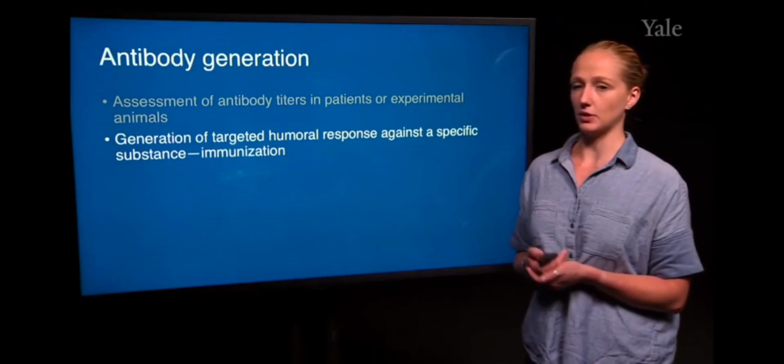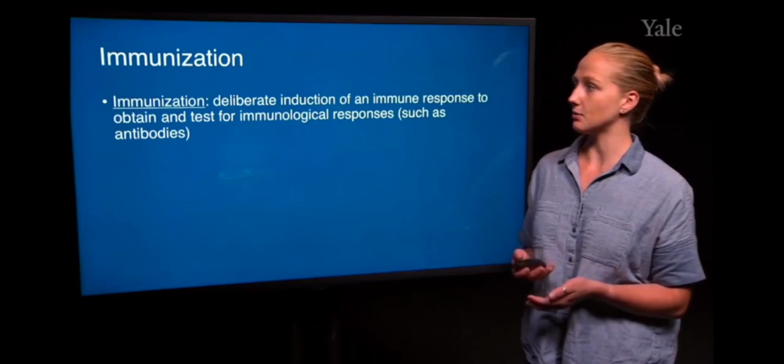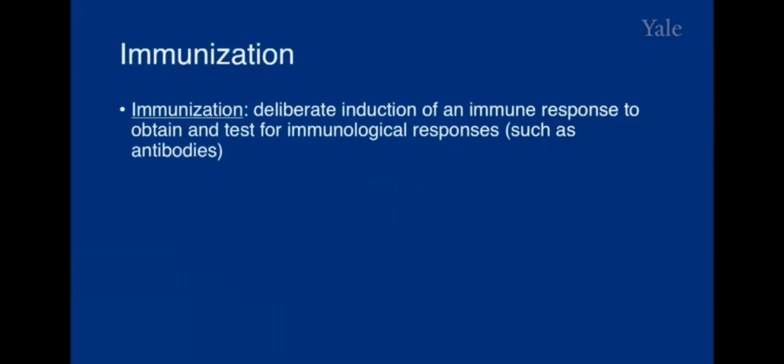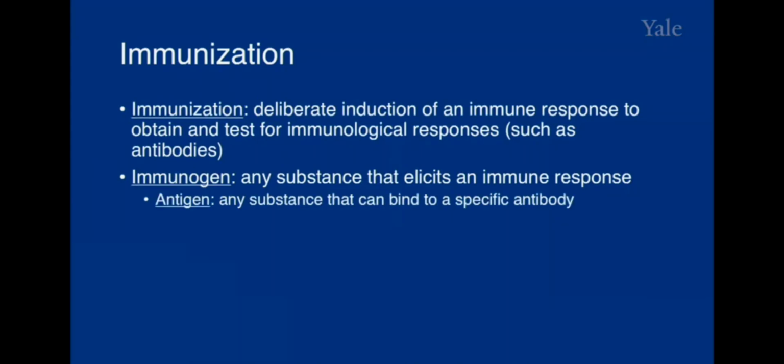So immunization is the deliberate induction of an immune response to obtain and test for immunological responses, such as antibodies. So an immunogen, which is any substance that elicits an immune response, is really critical in this immunization. So I just want to clarify some terminology.